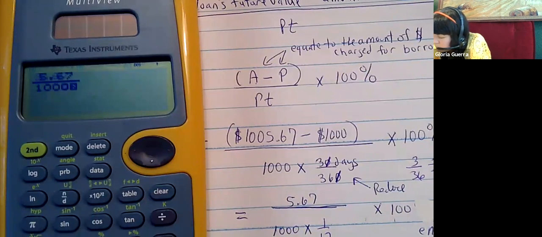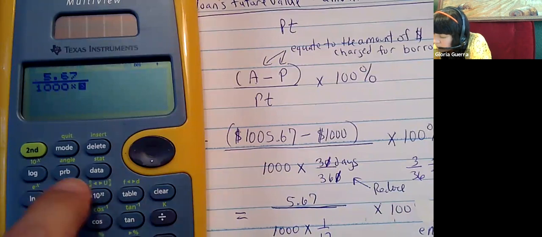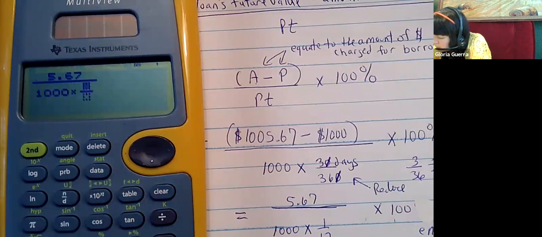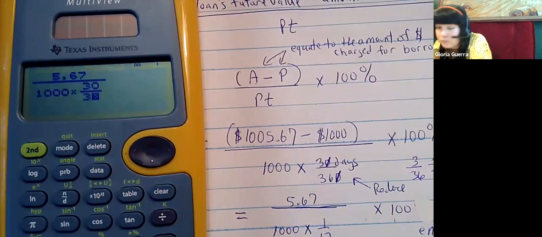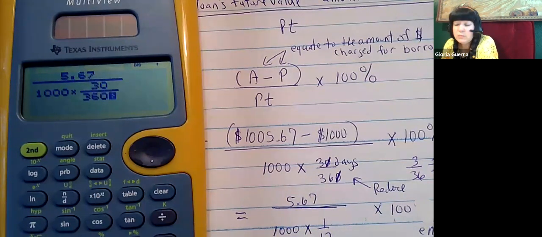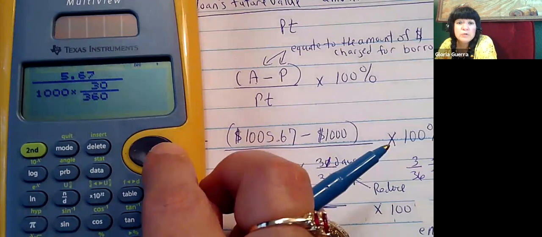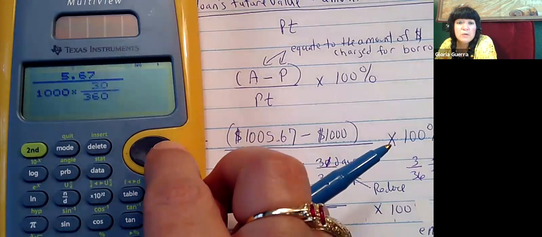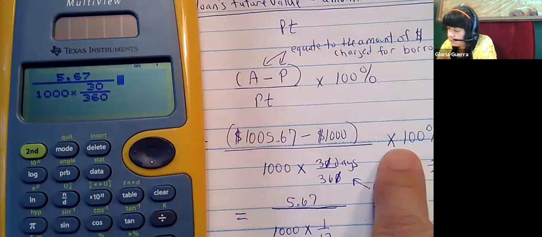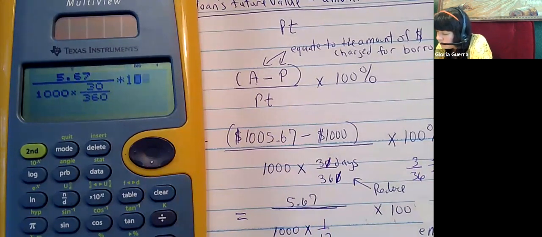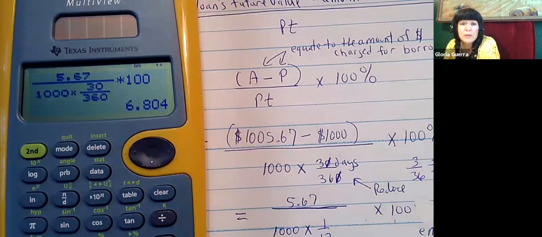And then times, and then do that indie key again. And then you'd have 30 over 360 if you're concerned about reducing that. Then push the side arrow, push the side arrow. Now out here you have times 100. We still get the same thing. Okay.